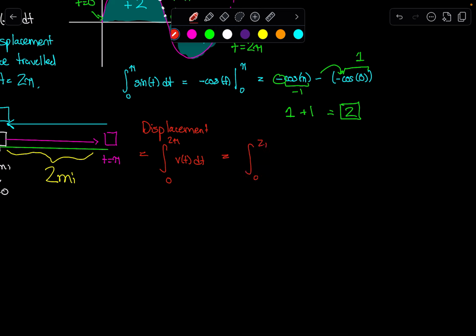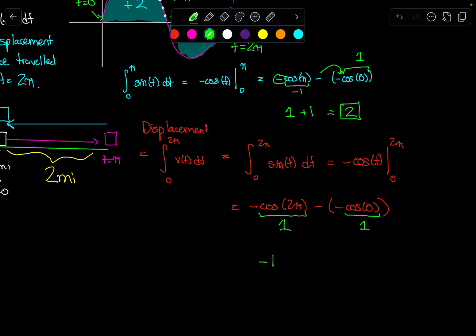Integral 0 to 2 pi of sine of t dt. This we did in the last video. We got negative cosine of t evaluated from 0 to 2 pi, and this becomes negative cosine of 2 pi minus negative cosine of 0, but the value of cosine of 2 pi and the value of cosine of 0 are both just 1.